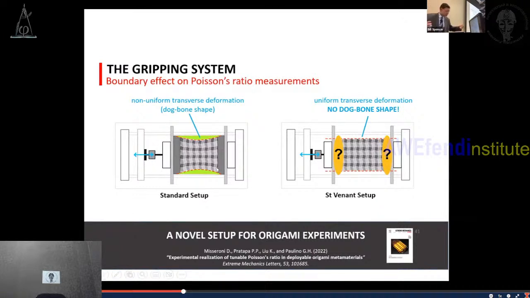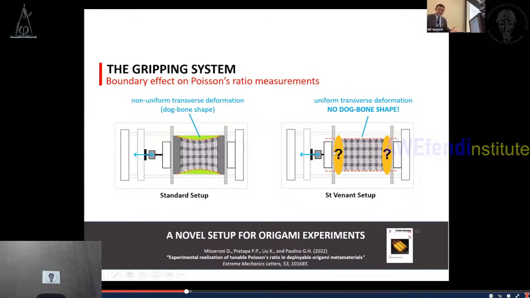When you try to grip the system with standard grippers, on the left and right, this forms a dog bone shape. And this is very undesirable and very difficult to get meaningful results in testing, because we get essentially non-uniform transverse deformation, and it's very difficult to find a good region where we could do the measurements, or we have to use very large samples.